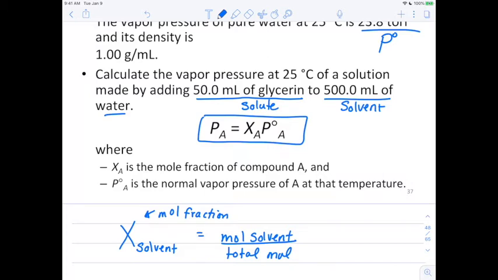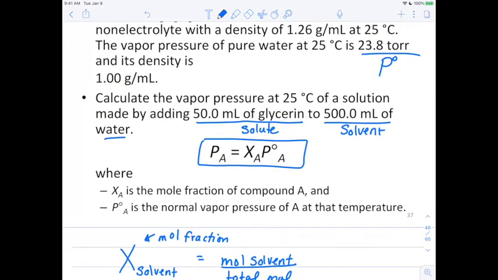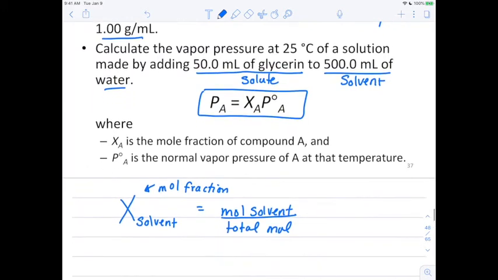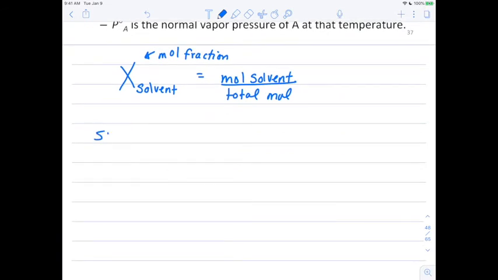Okay, so let's start off with our water. We know we have 500 milliliters of it. Next, we'll use our density and then our molar mass to get it into moles. So 500 milliliters of water, and then for every 1 milliliter, there is 1 gram.